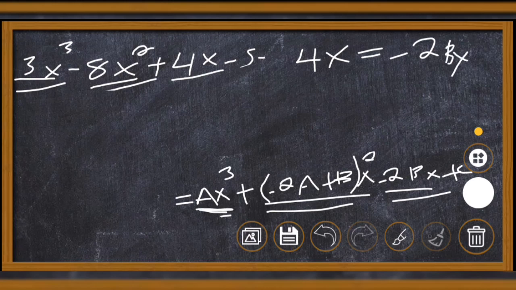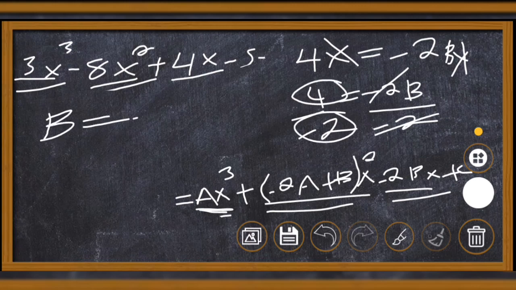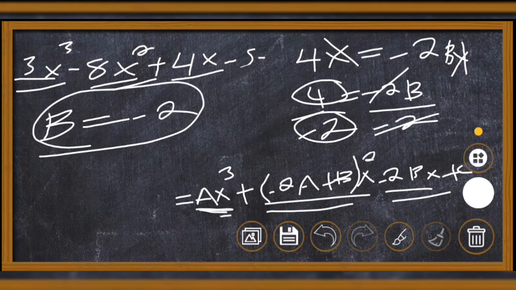Since x is common, I will cancel it on this side and this side. So we remain with 4 equals negative 2b. Let me divide both sides by negative 2. When we cancel this, we remain with b, and this equals 4 divided by negative 2, which is negative 2. So as we found earlier, the value of b is negative 2.